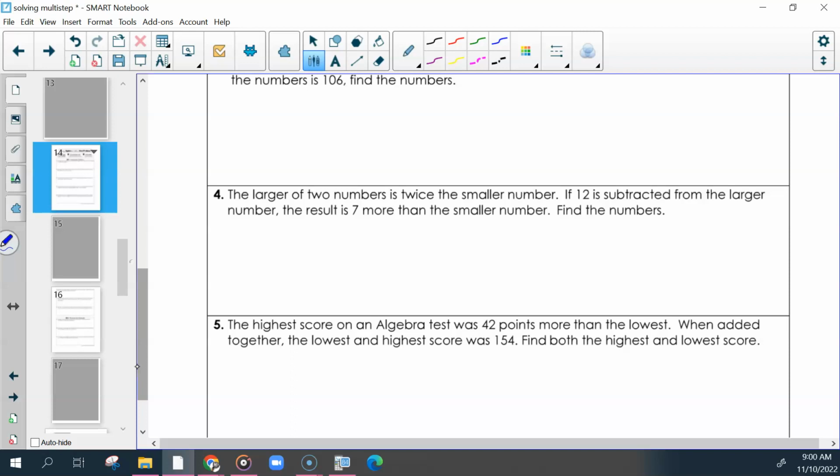Correct me if I'm wrong. We set this up, but we didn't solve it. Tell me what the equation was. Minus what? 12.